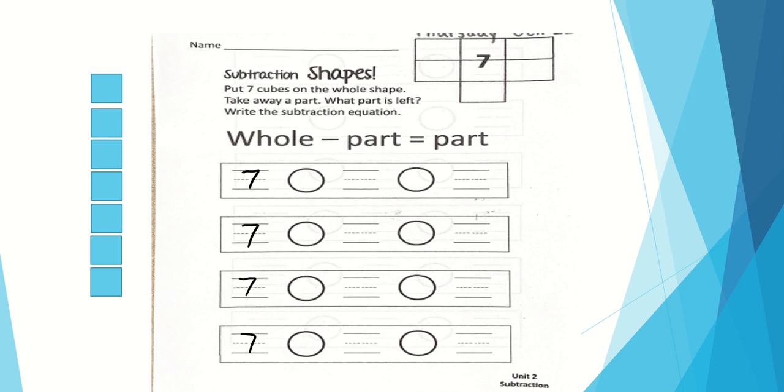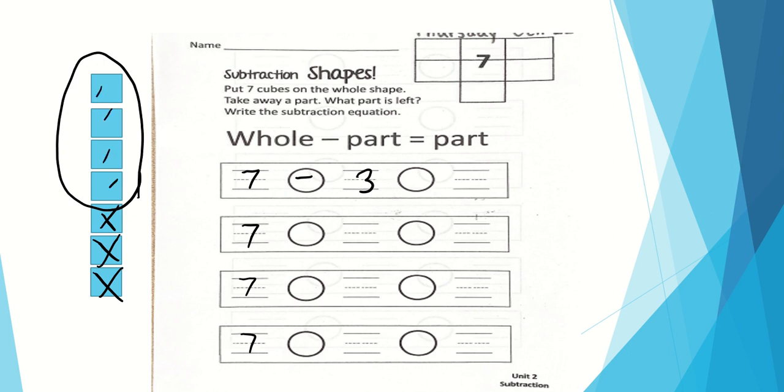So let's just say I want to break off, I don't know, 1, 2, 3 of them. You are going to put those 3 off to the side and keep the other ones connected to figure out what your answer is. And I have 1, 2, 3, 4. Make sure you guys are putting your subtraction sign as well as your equal sign today.